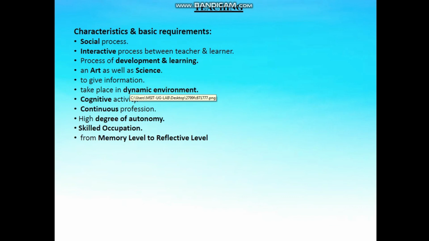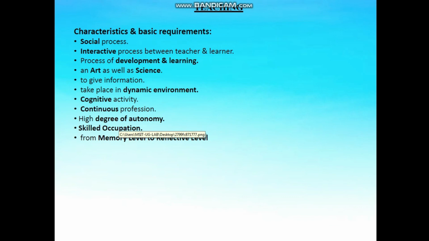Teaching is to give information. Teaching tells students about the things they have to know and cannot find out themselves. Communication of knowledge is an essential part of teaching. It takes place in a dynamic environment. It is a cognitive activity. It is a continuous profession.